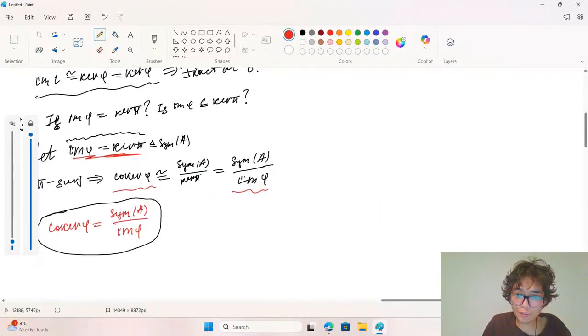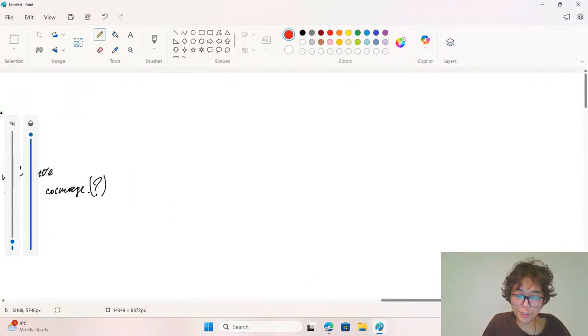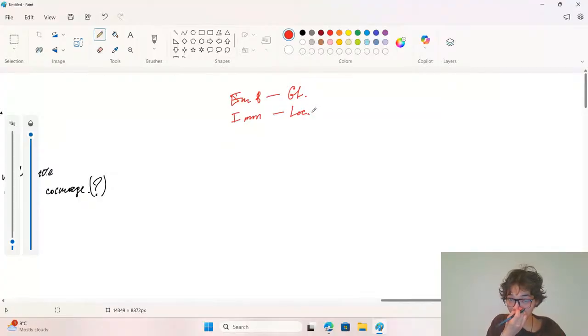Also about the notions of embedding and immersion. Embedding is global, and immersion is local. I also learned this when I was studying differential geometry.